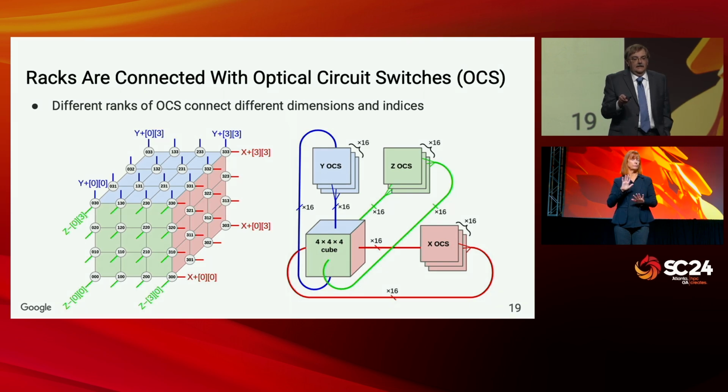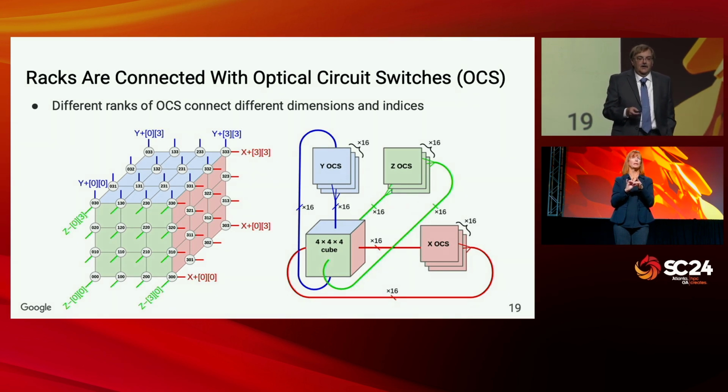Sorry, it is a 4x4x4 mesh, and then we can make it into a torus if we do wraparound connections with the optical circuit switches, or we can combine them into larger size slices, is what we call them. And we use different OCSs to connect different indices of the faces to corresponding indices of other blocks.